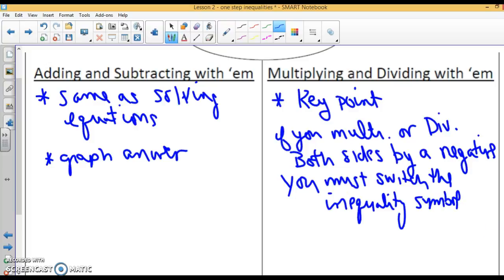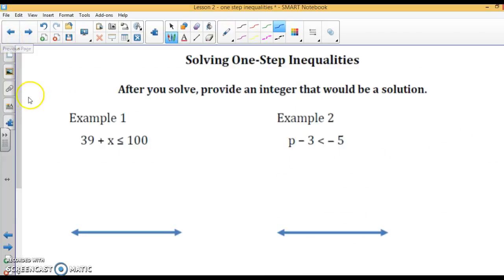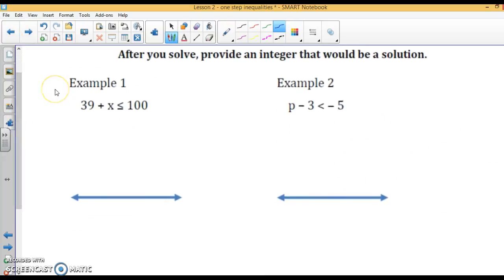And then you're going to graph. So, solving inequalities is exactly like solving equations, except if you multiply or divide both sides by a negative, you need to switch the inequality. And you need to graph this. So, let's look at some examples.